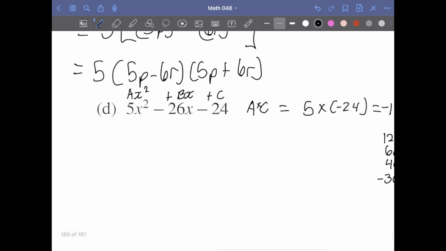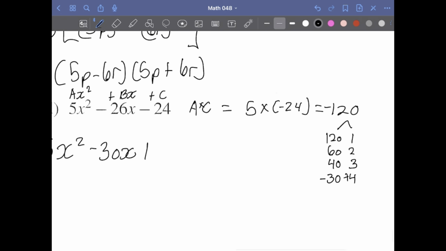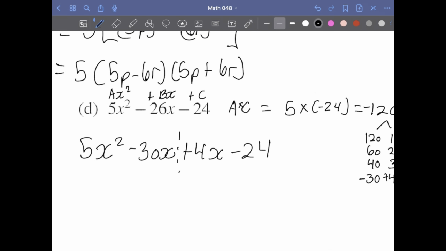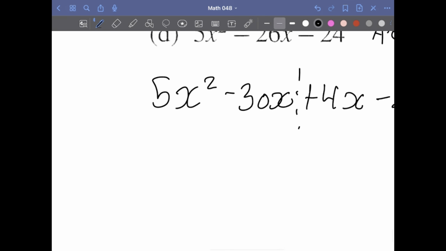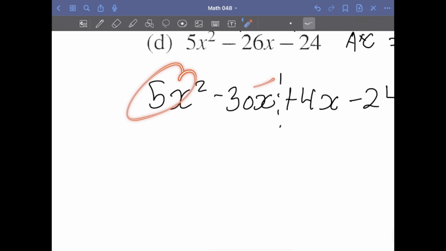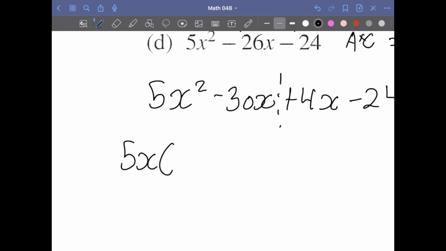So now we have 5x squared minus 30x plus 4x minus 24. So we're going to split these down the middle and then factor each grouping individually, right? I see that 5 and x is common in both, so I'm going to factor out 5x, and I'm left with x minus 6.